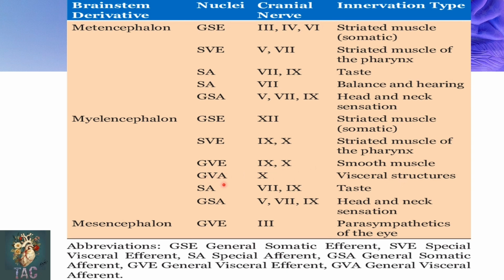General visceral afferent fibers, these are sensory fibers from the visceral structures. Special afferent fibers are carried through cranial nerve 7 and 9 for taste. General somatic afferent fibers carried through 5, 7, and 9, carrying the pain, touch, and temperature sensation from the area of the head and neck. And then in the area of the mesencephalon, we have general visceral efferent fibers carried in the cranial nerve 3 nuclei, carrying parasympathetic fibers to the eye.